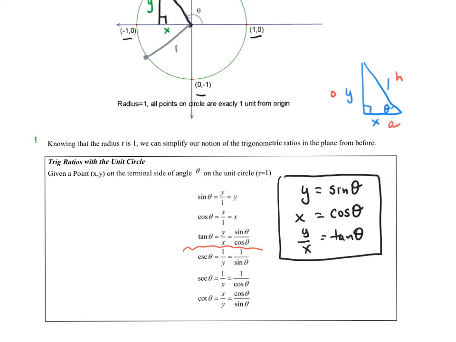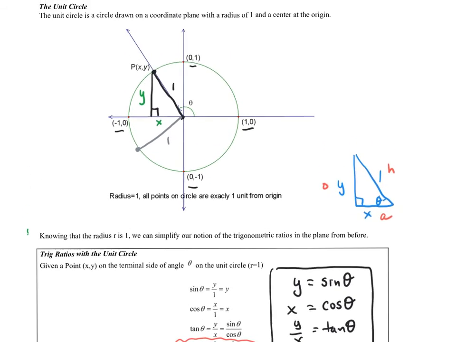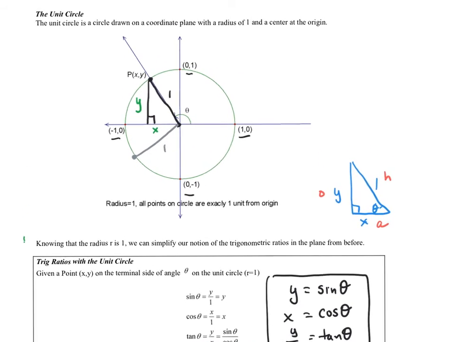So if I go back up here to this unit circle, if I have an angle that has a point on the edge of this circle, then instead of x, y, this is really the cosine of the angle and the sine of the angle. So that will tell me what the sine and the cosine of any angle is if I know that point on that side of the angle.